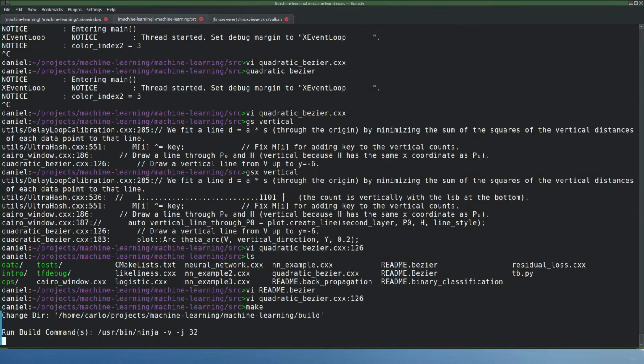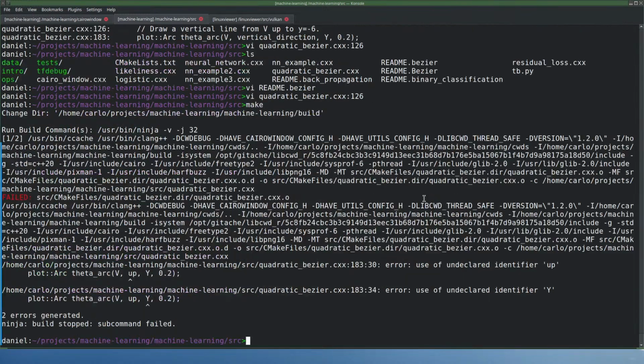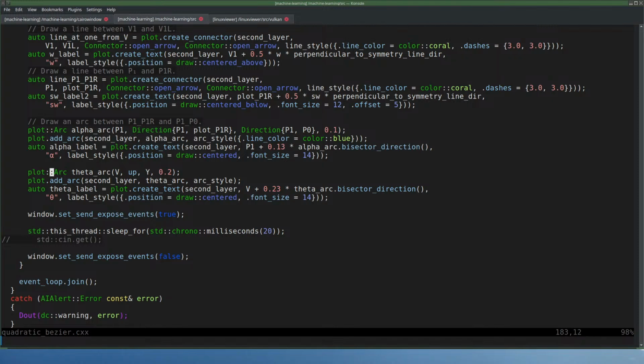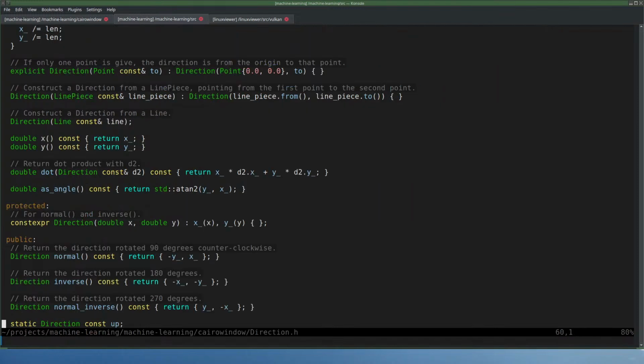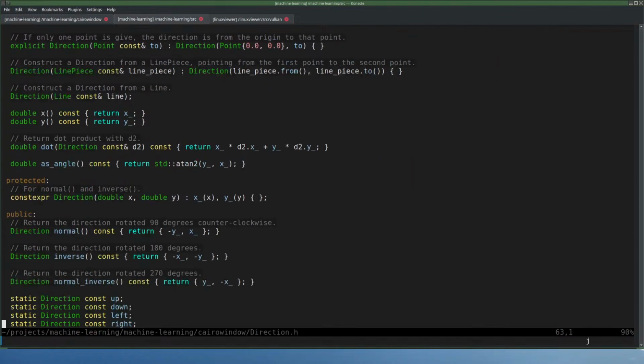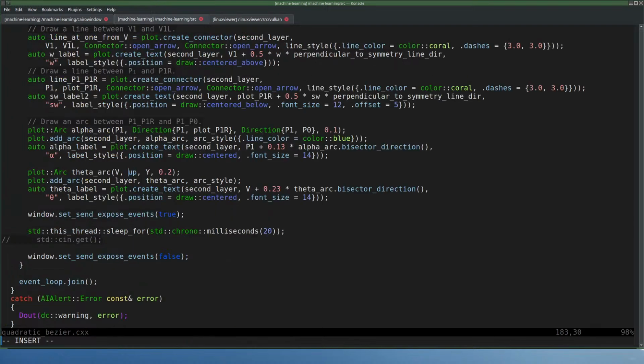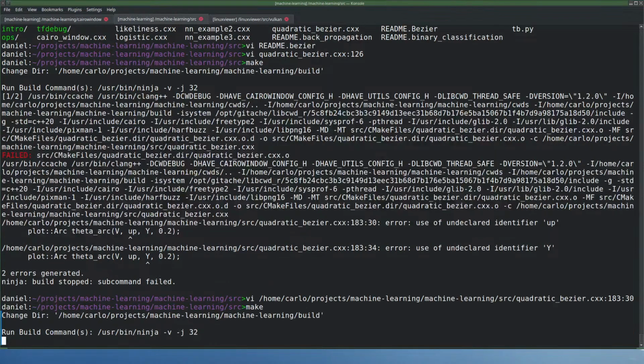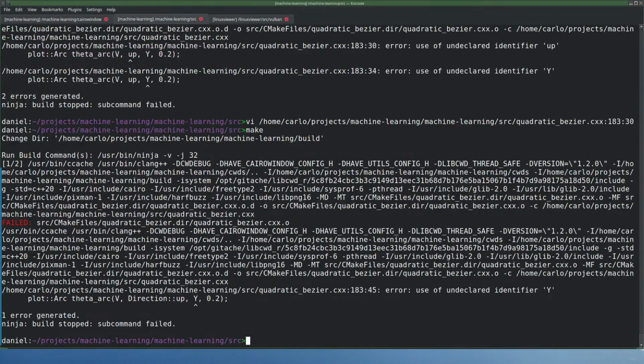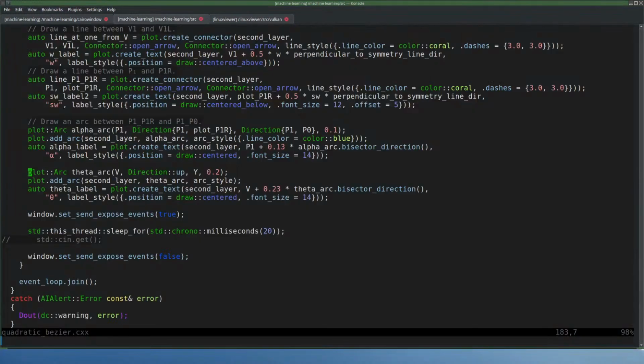Does this even compile? Use of undeclared identifier up. It's direction up. Now nobody knows what y is. How is that possible?